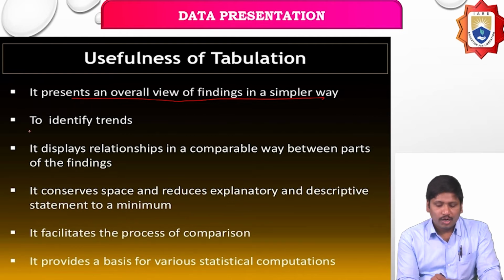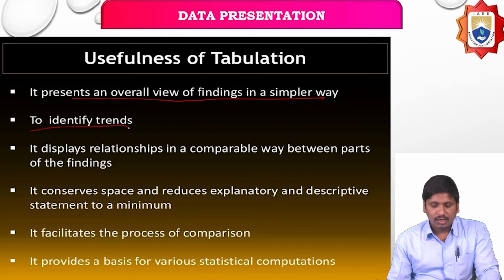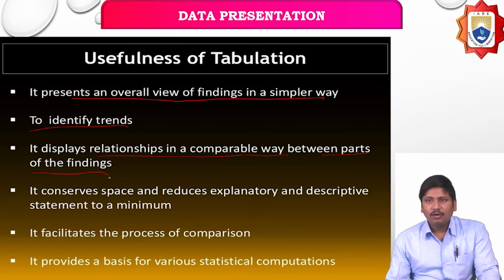And then you can identify the trends that are currently following in the tabulation. It should also display the relationship in a comparable way between the parts of the findings, so that I can identify the relationships between some part of the data and the other part of the data.